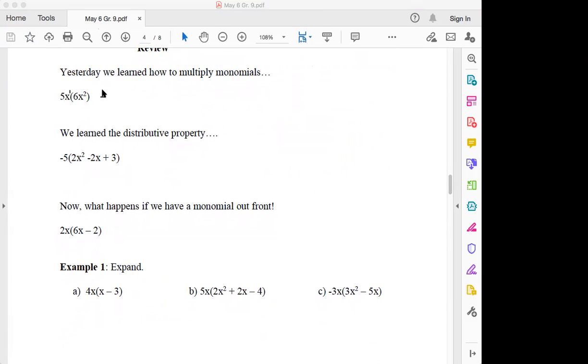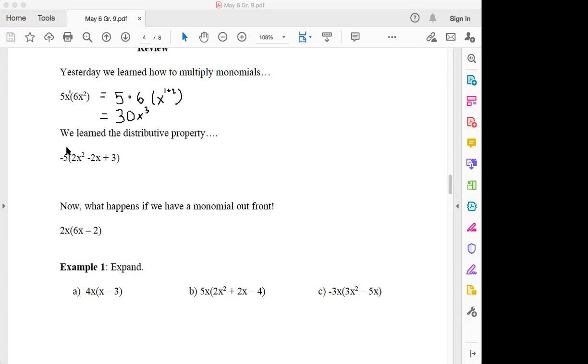So for example, and hopefully you guys remember this, you would do 5x times 6x, where the dot is a multiplication, and you would do x to the power of 1 plus 2 as your exponent. So that's how you do that when you multiply. Then you would simplify that: 5 times 6 is 30, and you add your two exponents together, so you would have 30x to the power of 3.